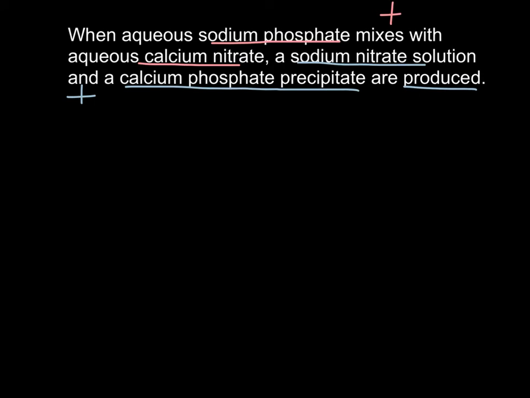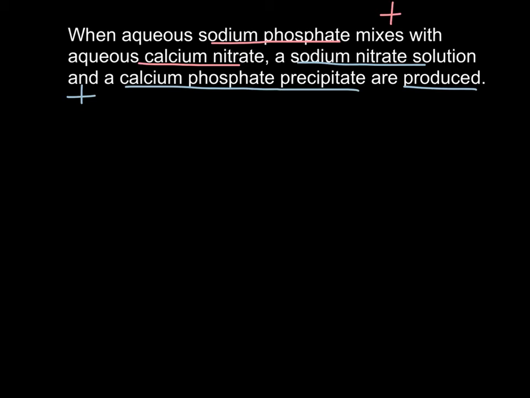Now we need to write out our formulas. Because we have all ionic compounds and sodium and calcium are in group 1 and group 2, we need to crisscross our charges. We don't have any Roman numerals to worry about here. These are all type 1 ionic compounds. So let's see what happens.